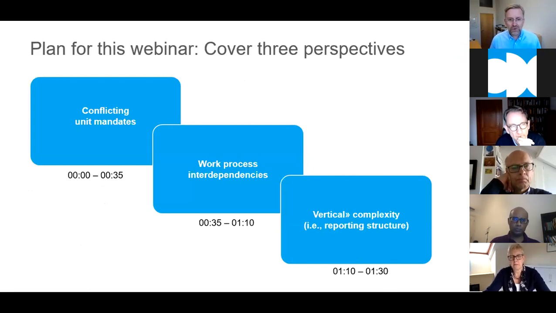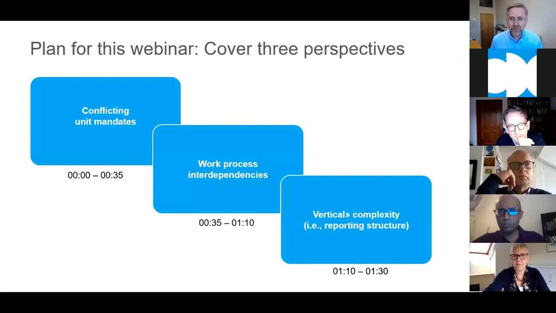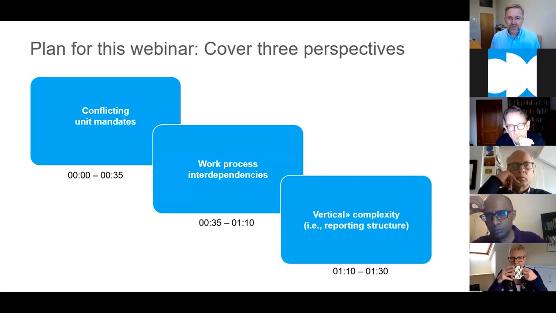The second is the work process interdependency approach, or the information processing approach, which is well known in organizational theory, of course. And the third one is what you can call vertical complexity, so complexity related to the hierarchy, the reporting structure. I'll spend most time on the 2 first perspectives, and maybe only 10 minutes on the last one.